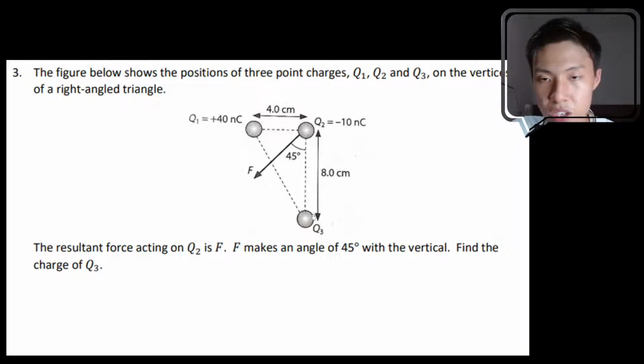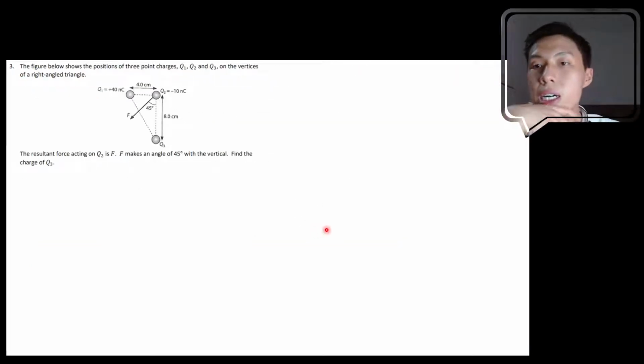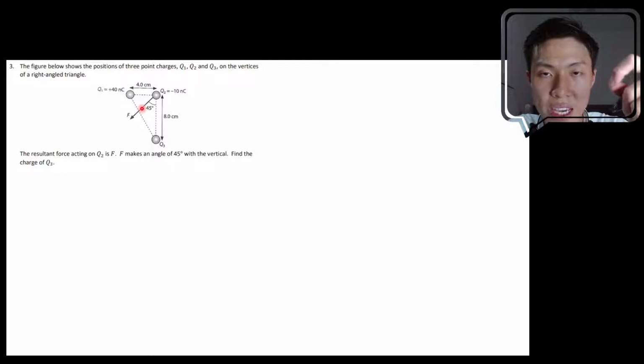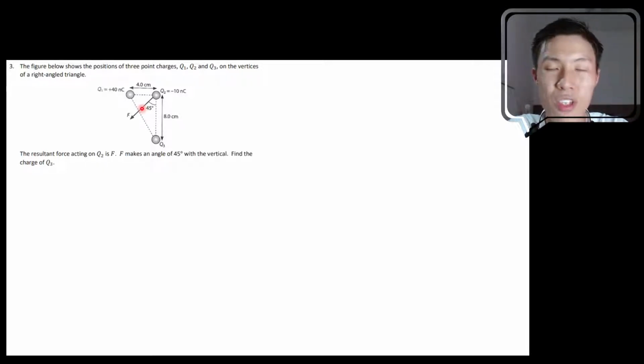Okay, so let's try to think about the problem deeper. Over here, they provide you the charge for Q1 and Q2, but they don't provide you the electric charge for Q3. They tell you that the resultant force is acting in this direction, which is 45°. 45° is a very unique angle, not some arbitrary angle.